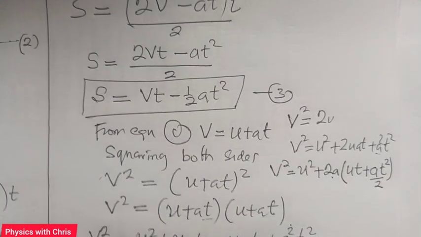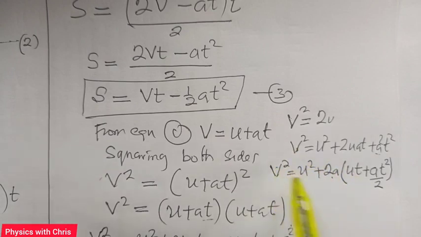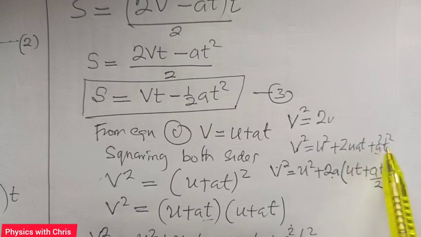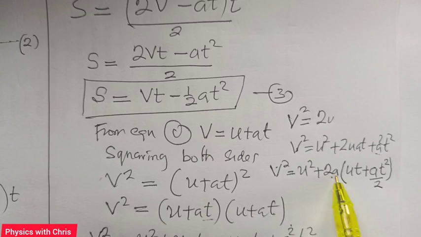I'm sure you've seen what I've done there. This is v squared, this is u squared. From these two terms, this is 2uat, this is a squared t squared. I factor out 2a. If you bring out 2a from this term, what is left is ut. Then from this term gives you this.